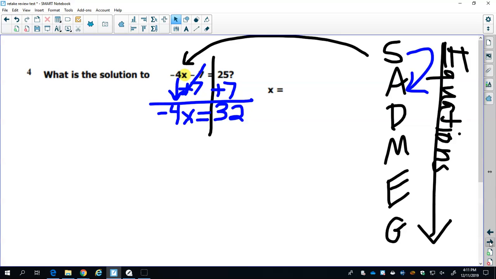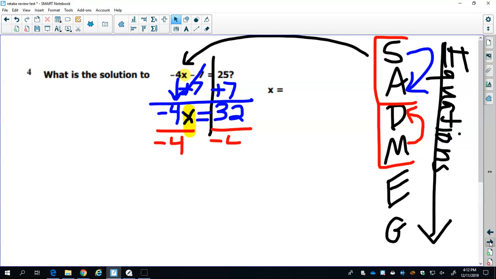So now I'm going to isolate my variable again. And this time I'm going to undo the multiplication because I have negative 4 times x. So negative 4 times x is multiplication, and I undo multiplication by division. So these go together. Subtraction goes with addition. Division goes with multiplication. One undoes the other. So I'm going to divide both sides by the same number I multiplied by.